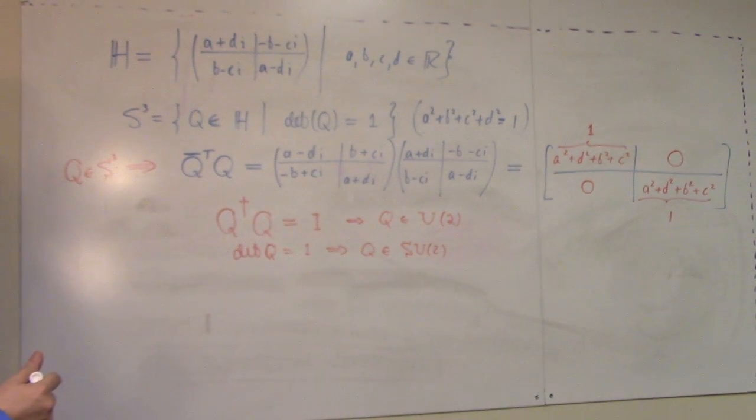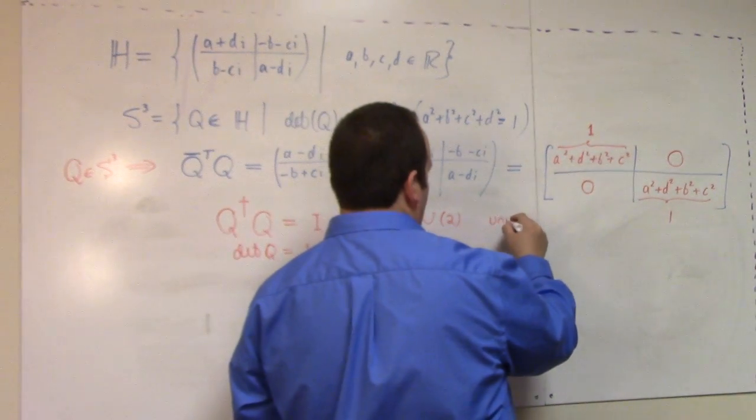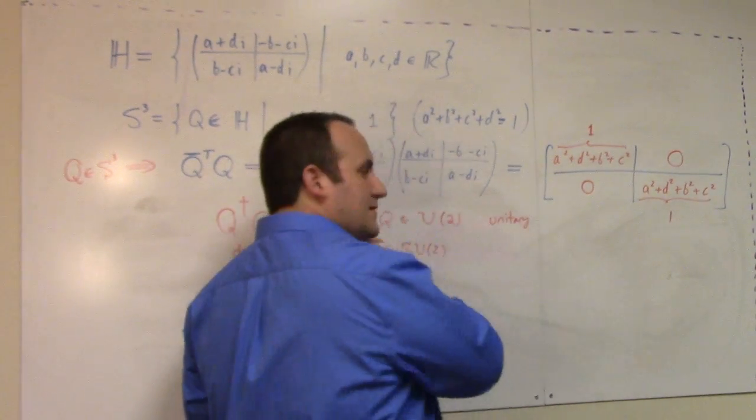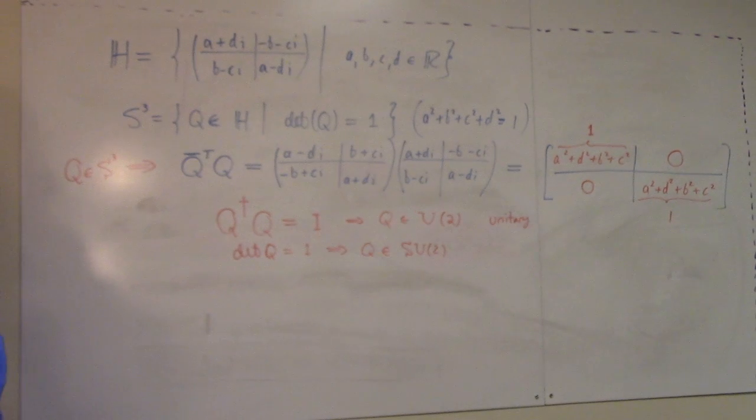So again, what is the U? Unitary. The length equals 1. Why is it called unitary? I mean, it's probability preserving. It keeps the probability 1 as this intersects with quantum mechanics.